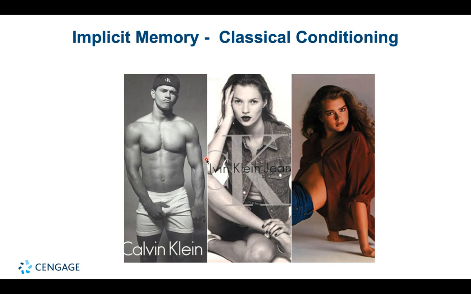With desire, with sexual arousal, that these images will elicit some kind of arousal and sexual arousal in you, and that your brain will pair them with the brand and the logo or the product. And so when you're in the mall and you see Calvin Klein, you don't go, ooh, I'm going to buy some Calvin Klein underwear because I like Marky Mark's abs, right?